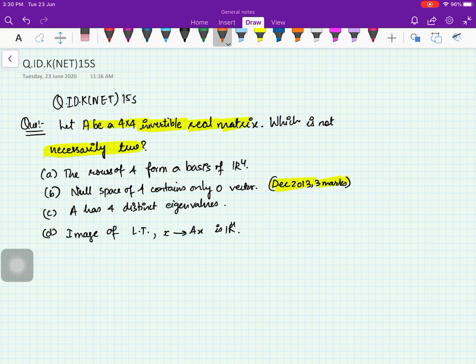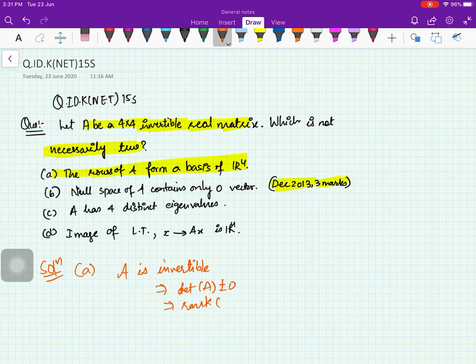So the first option is: the rows of A form a basis of R4. Now let us look at the first option. Is it true or not? Now you see, A is invertible, right? It means that the determinant of A is non-zero. That means the rank of A is 4, right? And there are 4 rows. It means that all the rows are linearly independent.